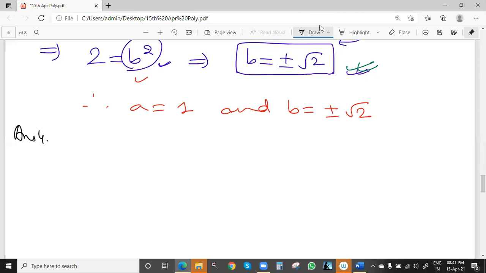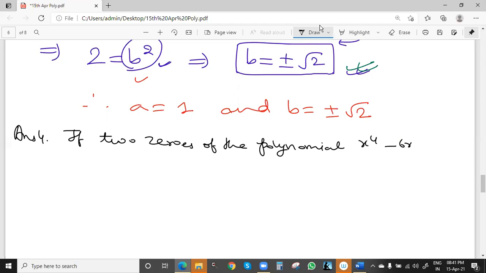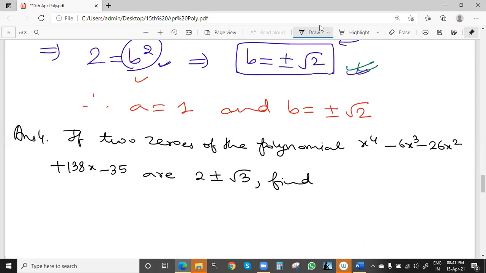So answer 4th. See, this is a one-line question. If 2 zeros of the polynomial x to the power 4 minus 6x cube minus 26x square plus 138x minus 35 are 2 plus minus root 3, find other zeros.